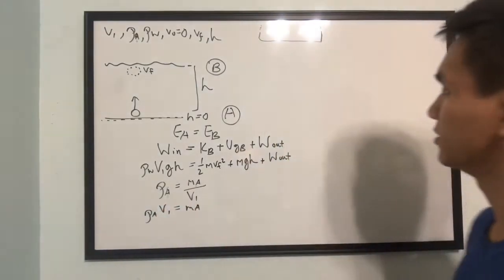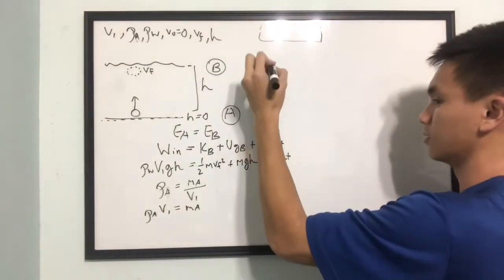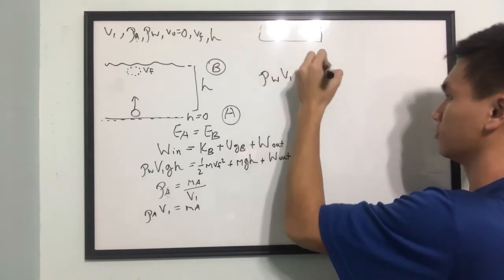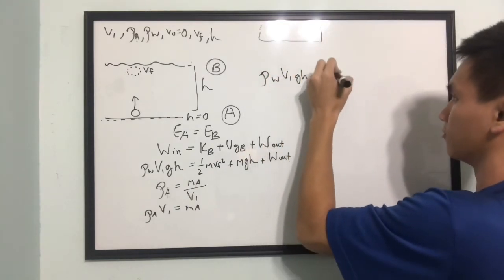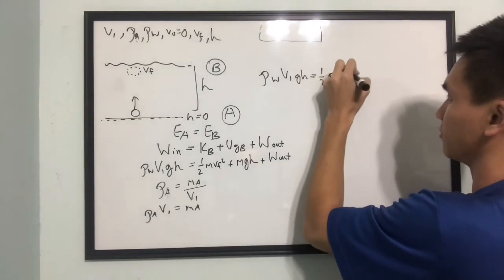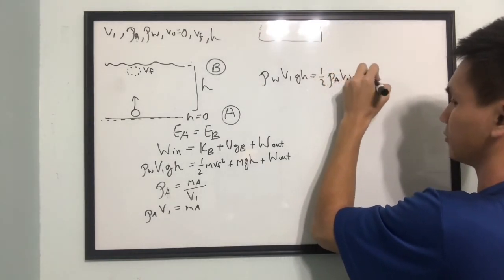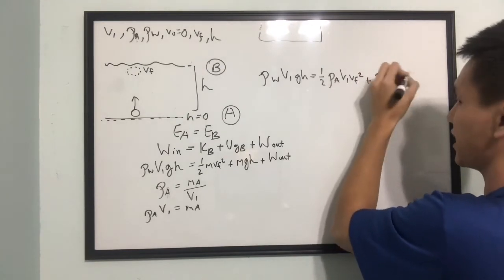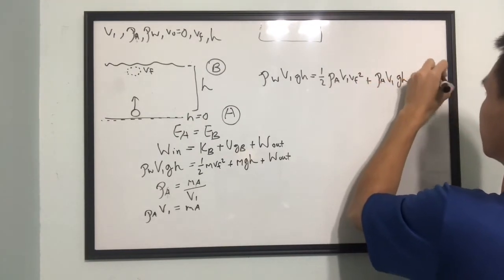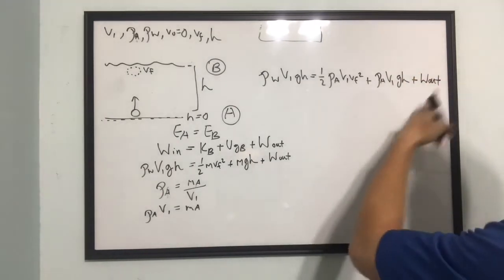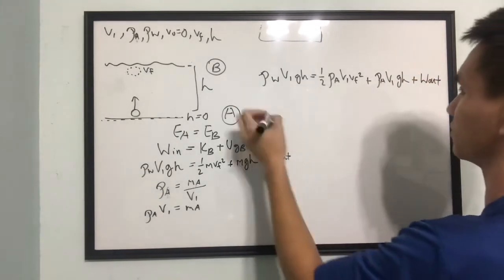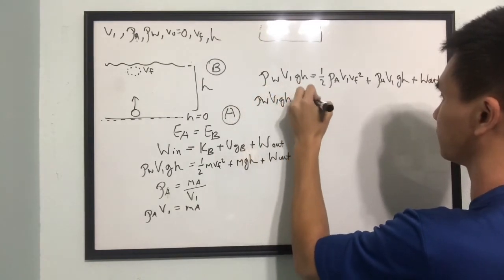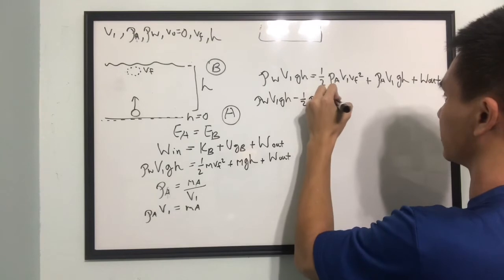So we can substitute that in here. So rho W V1 g H is equal to 1/2 rho A V1 V final squared plus rho A V1 g H plus work out. So subtracting these two from both sides, we get this equation to isolate work out.